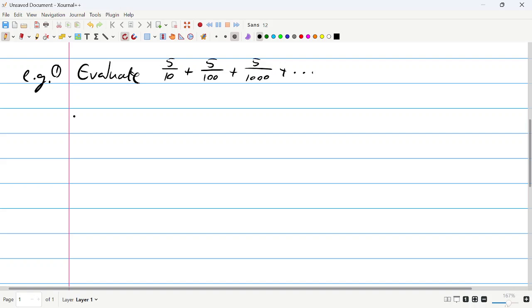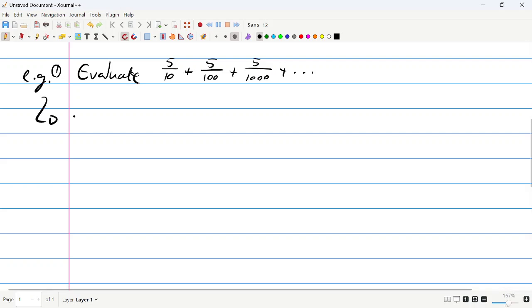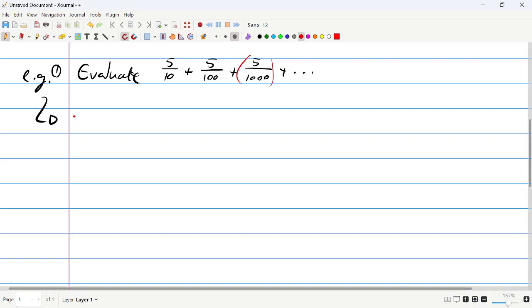I don't know if you could tell, but the fact that we have r in the equation means that we are using geometric series. In this case, we are told to evaluate 5 over 10 plus 5 over 100 plus 5 over 1,000. Do you notice how the value is getting smaller and smaller over time?